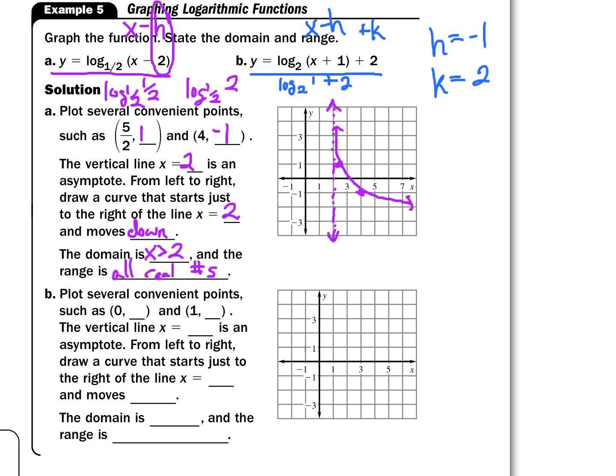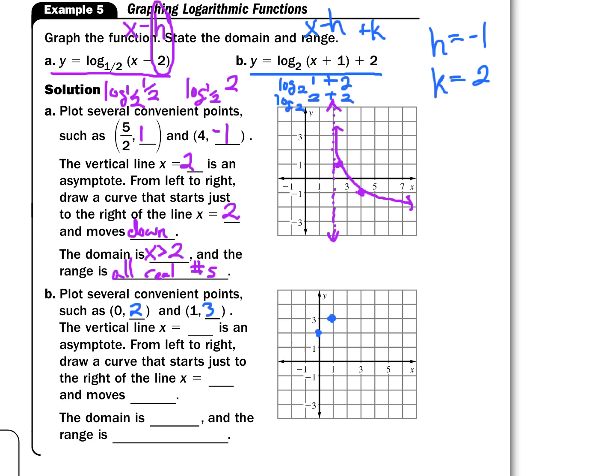Well, if I take the log of any base of 1, I get 0, and then 0 plus 2 is 2. And then if I plug in 1, that gives me log base 2 of 1 plus 1 is 2, plus 2. Log base 2 of 2 is 1. That's one of our specials. 1 plus 2 is 3. Okay, so I have 0, 2, and 1, 3.